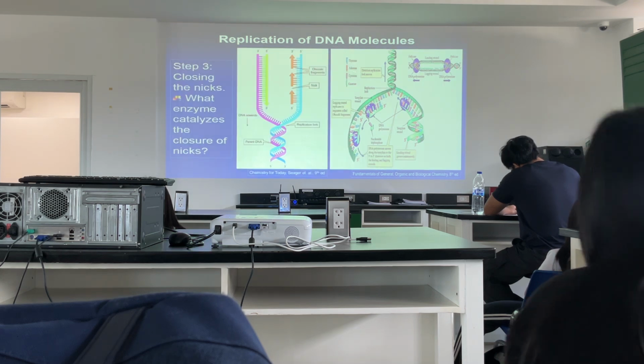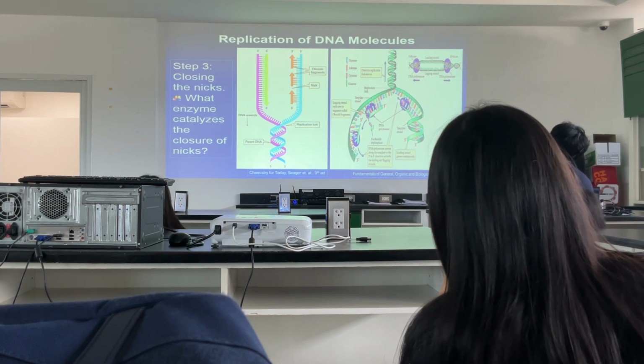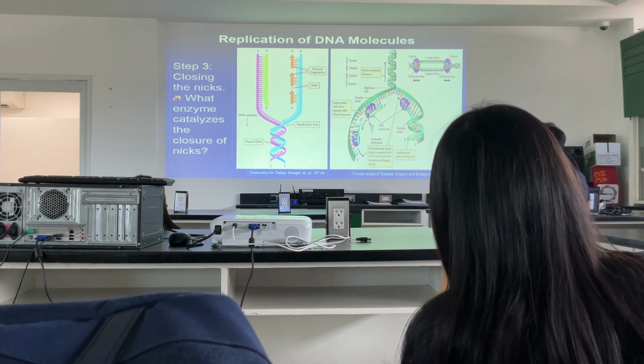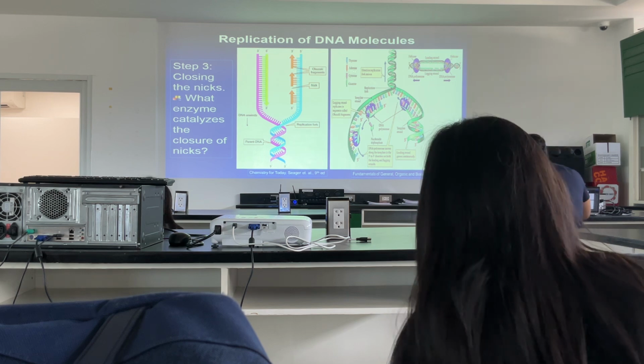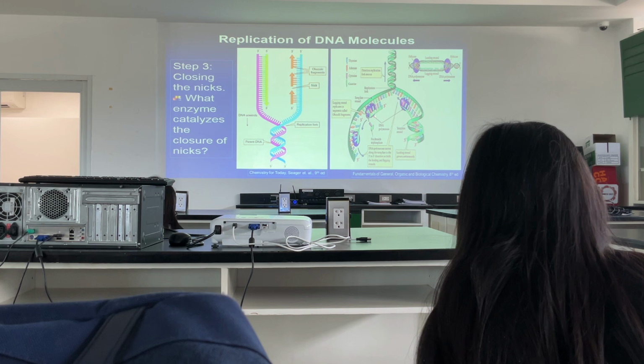So step 3, closing the nicks, especially in the lagging strand, where synthesis of your new strand comes in fragments. So there are breaks or nicks in between. So what will happen now?